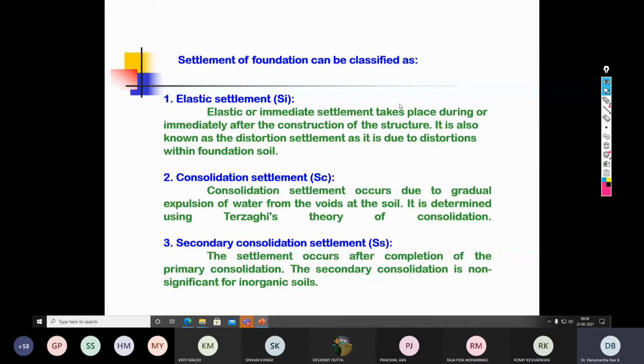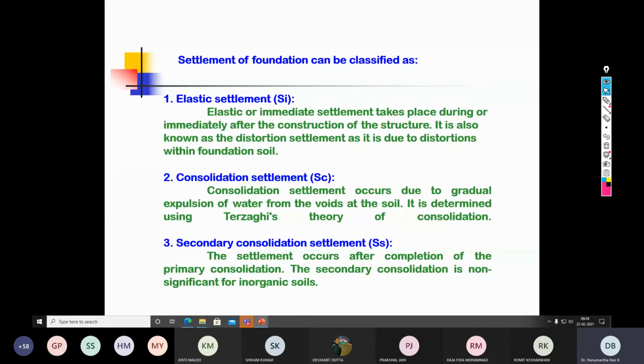So we also know, if somebody is asking you to calculate the settlement of a footing, they may ask you to calculate two fundamental things. One is the immediate settlement or the elastic settlement, and the other is the consolidation settlement. Elastic settlement is the settlement that takes place immediately after the construction of the structure.